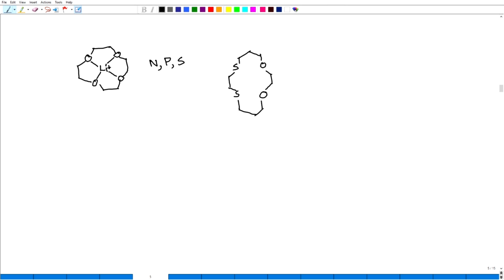I am just writing this. All these things have to be synthesized and understood very slowly. There are two aspects: the size of the macrocycle and the nature of the donors.